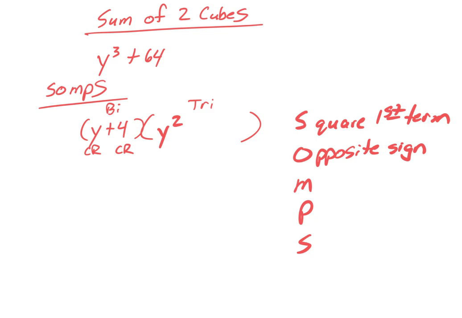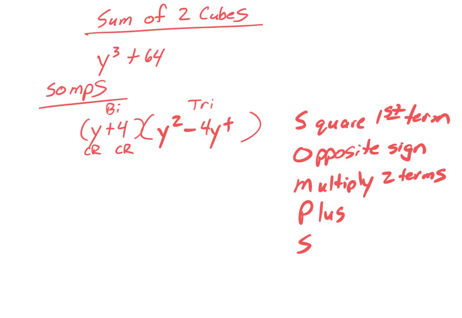So if this is a positive, this would be a negative. The M stands for multiply the two terms together. So we're going to take 4 times y, which is 4y. The P stands for simply plus, this is always going to be a plus sign right here.